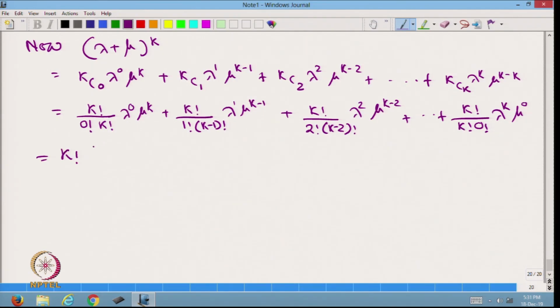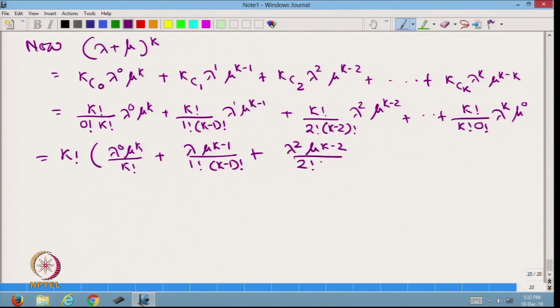k factorial into lambda power 0 mu to the power k upon k factorial plus lambda mu to the power k minus 1 upon 1 factorial into k minus 1 factorial plus lambda square mu to the power k minus 2 upon 2 factorial into k minus 2 factorial, up to 1 upon k factorial lambda power k.